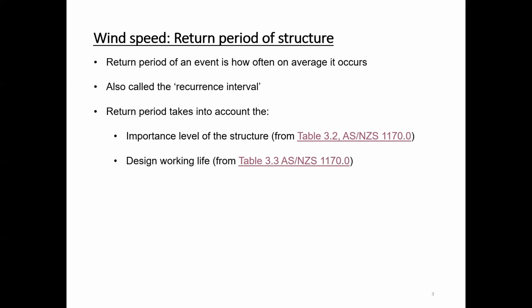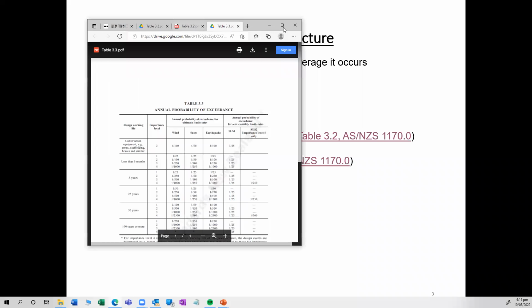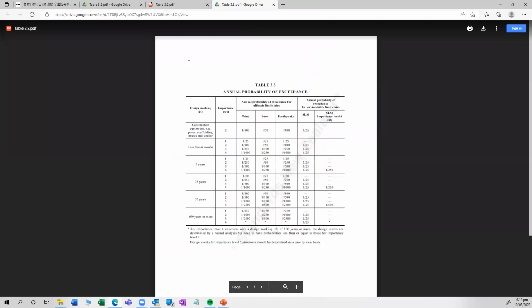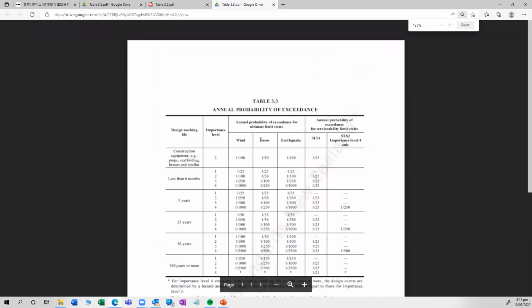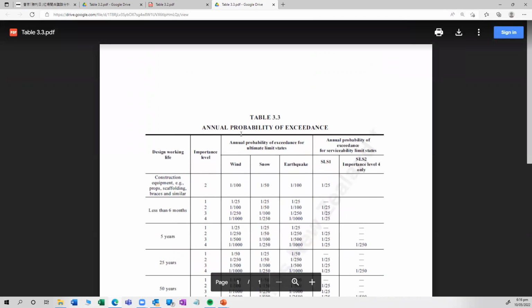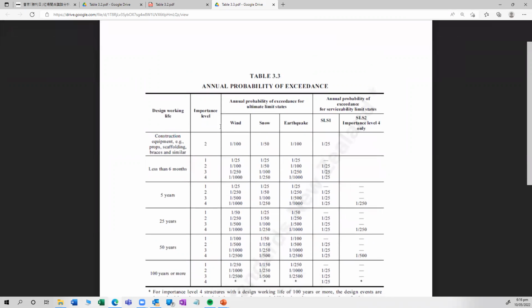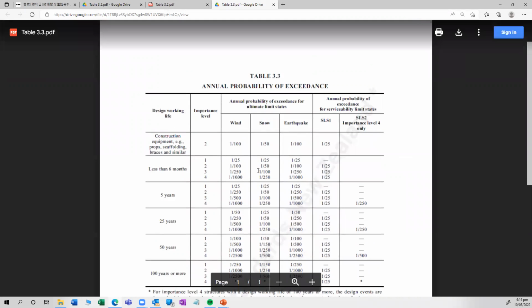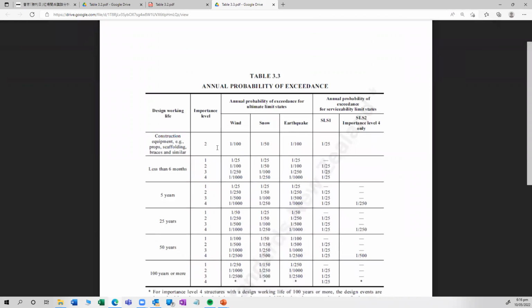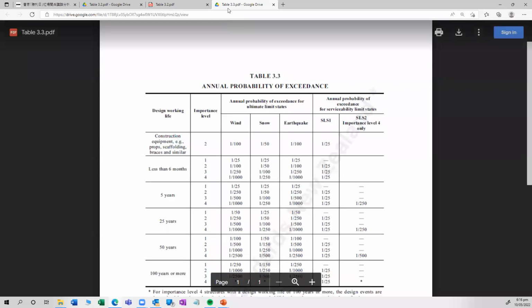Let's bring it up. Okay, so you've got the annual probability of exceedance. This is where you look it up. You look up the importance level, and you're given the design working life.